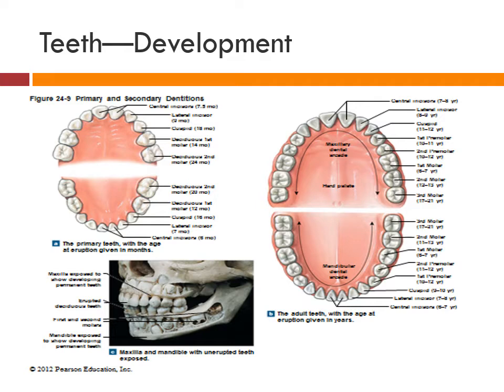When we're looking at the roots of teeth, you can have 1 root, 2 roots, or 3 roots. Our incisors have 1 root, our canines have 1 root, and our premolars have 1 or 2 roots.